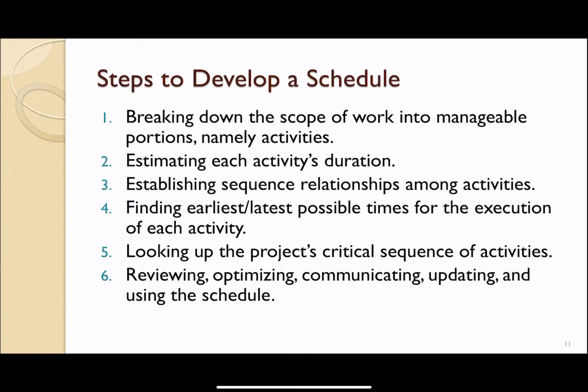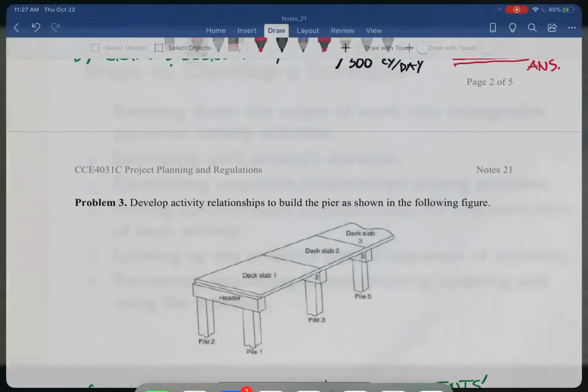That's the next step, step 3: we establish the sequence relationship among activities or tasks, a very important step. So the focus of problem 3 is to demonstrate how to establish the relationship. So let's go to problem 3.